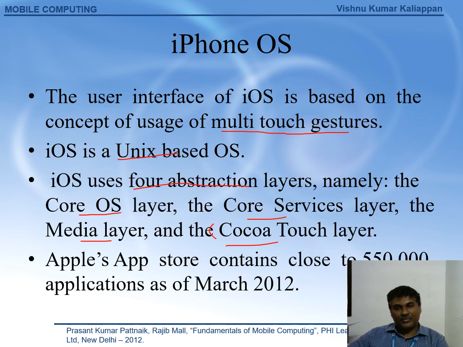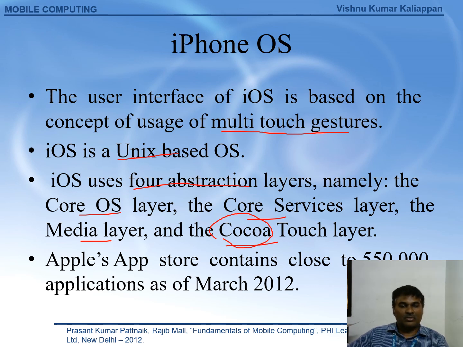This Cocoa Touch layer is state of the art of its kind, because it was the first mobile phone layer that supported both input and output. From there, the touchscreen evolved throughout the globe.